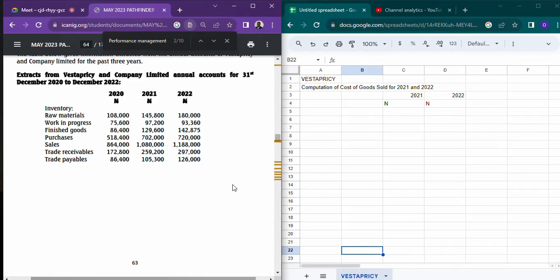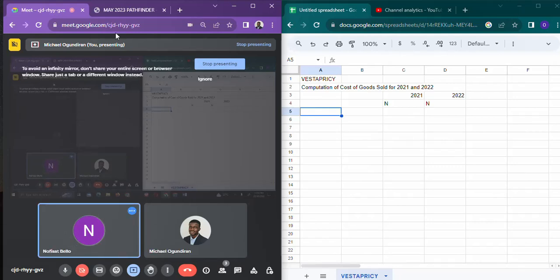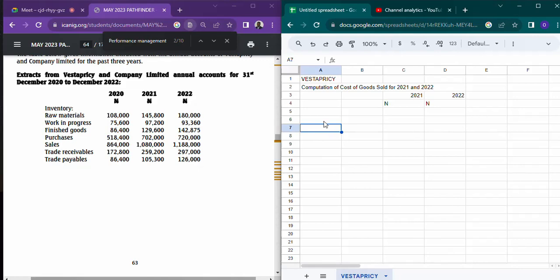The purchase cost shall consist of all the costs incurred to make the goods available for sale. Are we together?